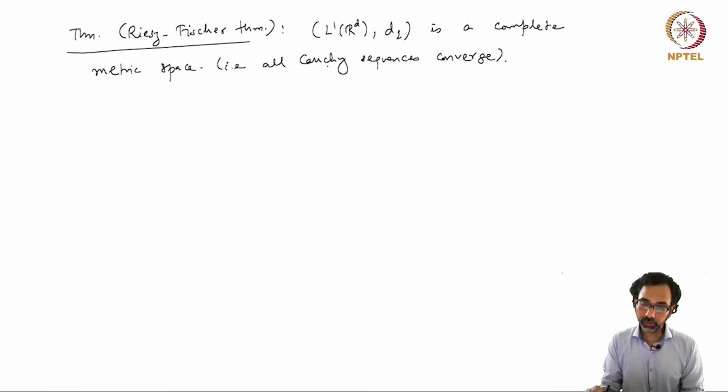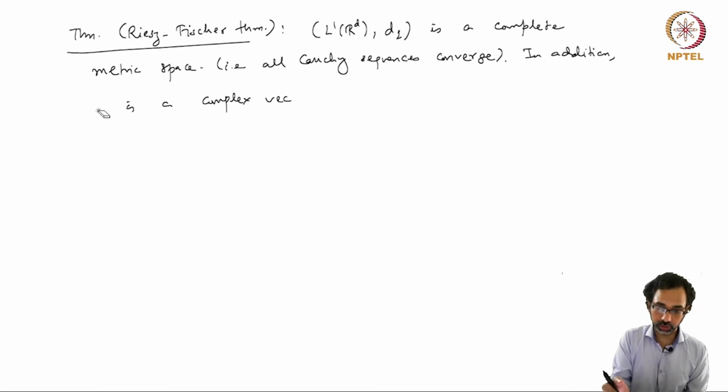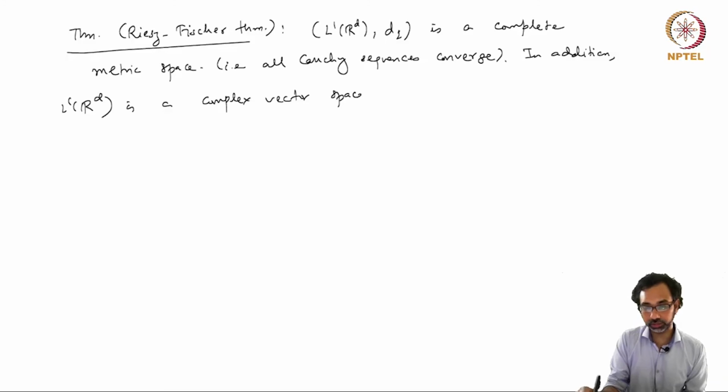We also know that additions of L1 functions are in L1, and scalar multiplication by complex numbers of L1 functions is also in L1. So in addition to being just a complete metric space, we can say that it is a complex vector space. So here L1 R^d is a complex vector space which is complete in the L1 norm.